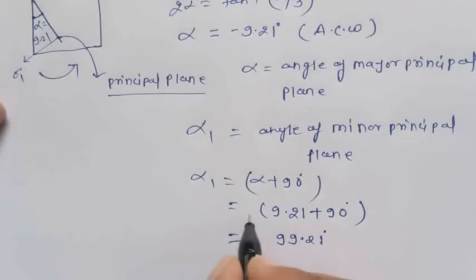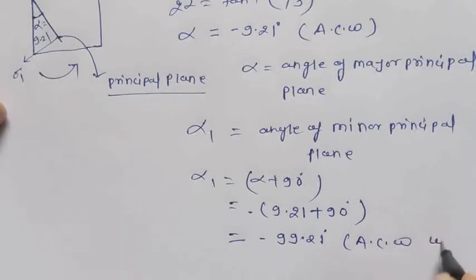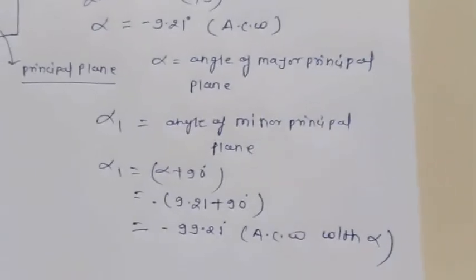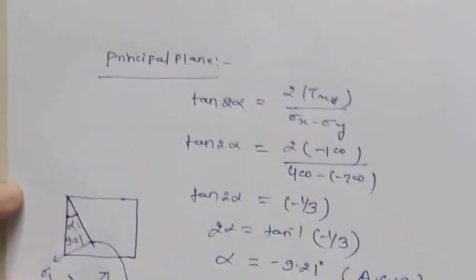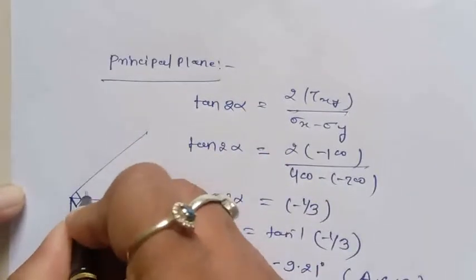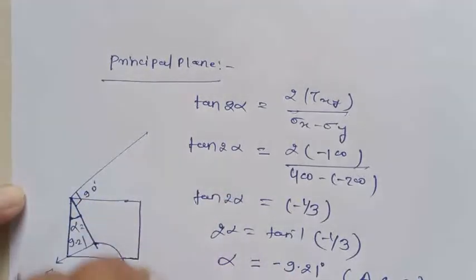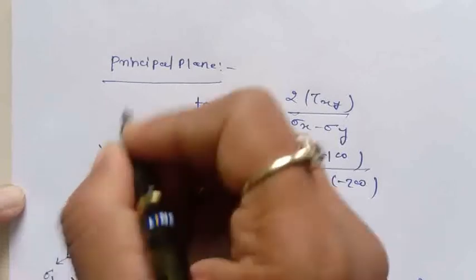Since it is anti-clockwise sense here, it will be anti-clockwise with alpha. So in this diagram it will be 90 degree from this alpha, in the anti-clockwise sense, where sigma 2 will act.